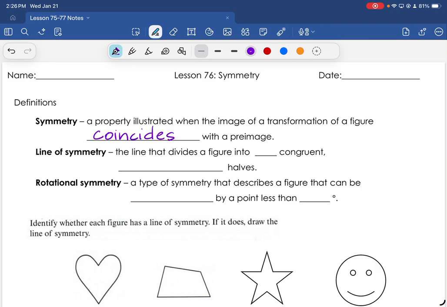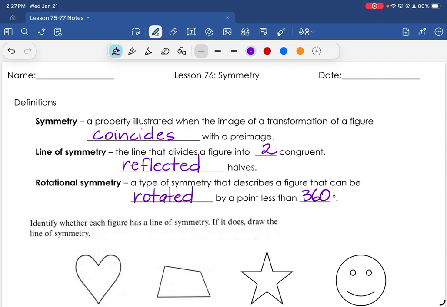The line of symmetry. It's the line that divides a figure into 2 congruent reflected halves. And then rotational symmetry, a type of symmetry that describes a figure that can be rotated by a angle less than 360 degrees.